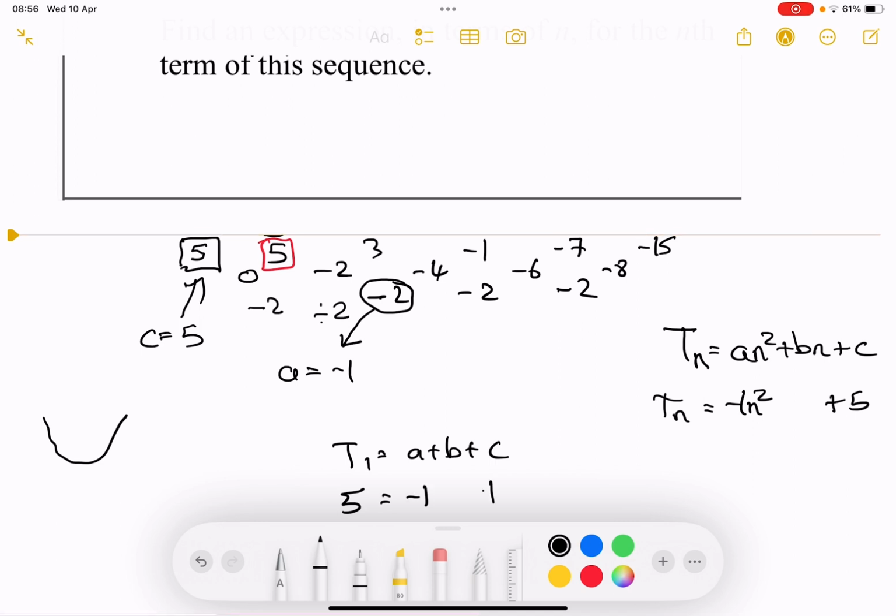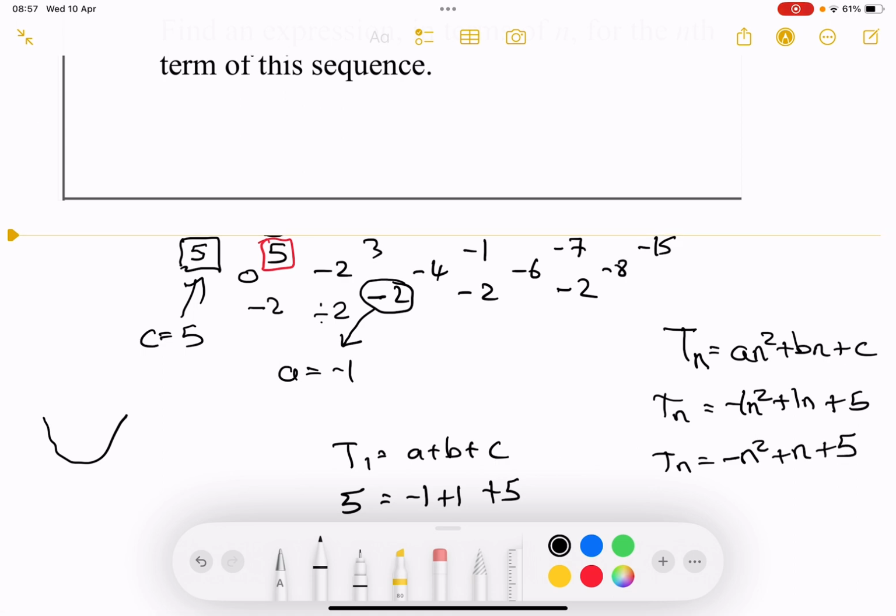My value of c is 5. And then you go, well, -1 plus 5 is in fact 4. I need to make 5, so in fact I'm just adding 1 on. So that means I add 1n on here. Tidy it up: for the nth term, I wouldn't write -1n squared, I'd just put -n squared. Then I would just add n, then I would just add 5.